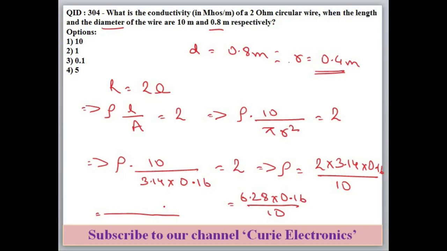If you multiply 628 by 16 it will be 10048. Decimal will be placed here by 10, so it will come 0.10048 ohm meter. That will be your resistivity.